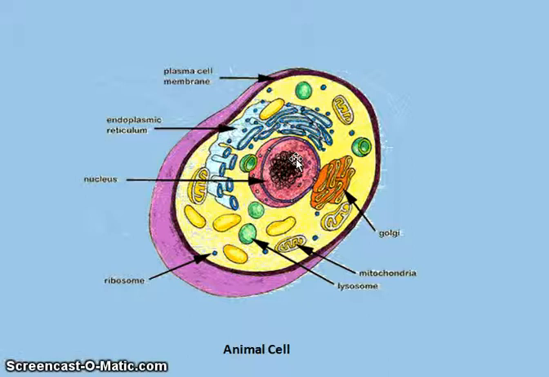Okay, and each cell in your body has a nucleus, and inside each of the nucleuses in each cell in your body is your DNA being stored. And that's going to be really important later on for when we talk about how cells reproduce. So first thing to note, nucleus, control center of the cell, also contains our DNA.